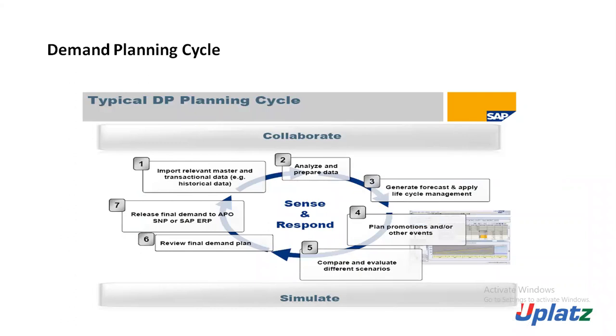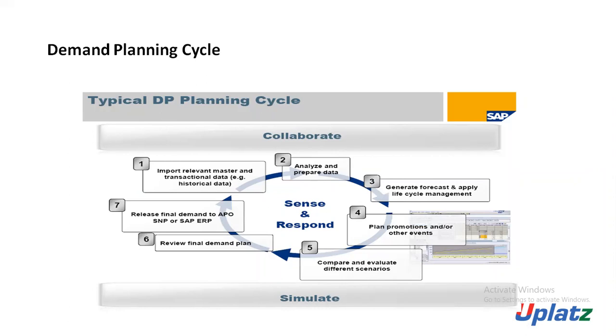In the DP life cycle, the first step is getting historical data from ECC to APO. Second step is the correction of the history data. And third step is generating the forecast. To generate the forecast in the APO DP, we have to create the forecast profiles.